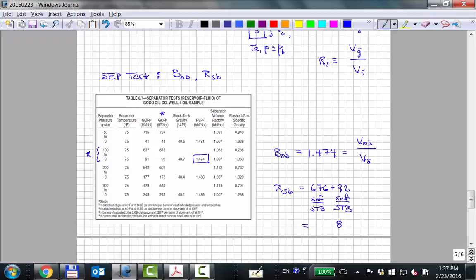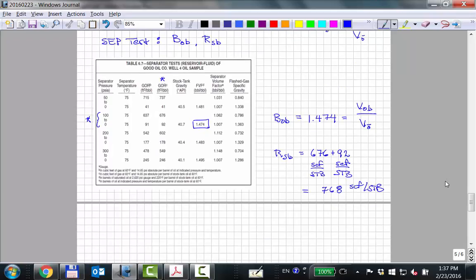The term for this is barrels per stock tank barrel, or the SPE will also let you write reservoir barrels per stock tank barrel. You can write it either way.